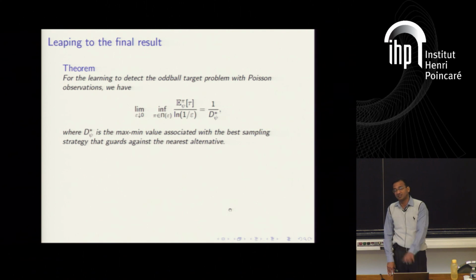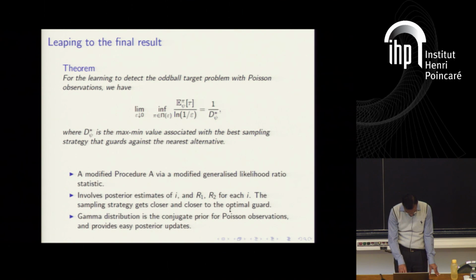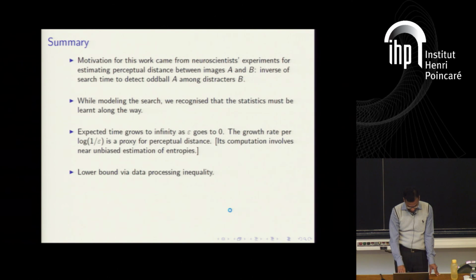That is a policy that gets us this particular performance. One can also come up with a means by which you don't have to maintain the entire history, but can just maintain posteriors, and in the case of Poisson observations, these are rather simple to maintain.